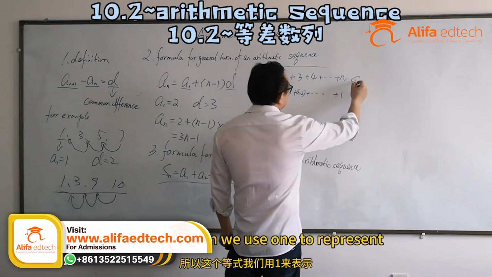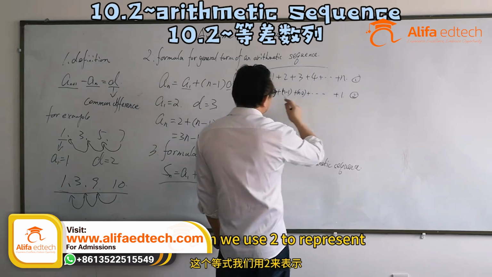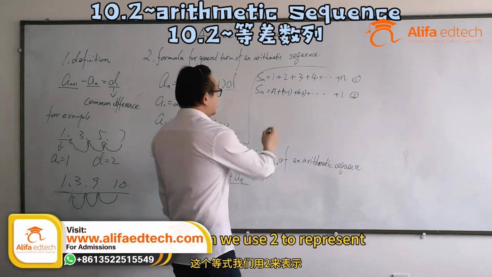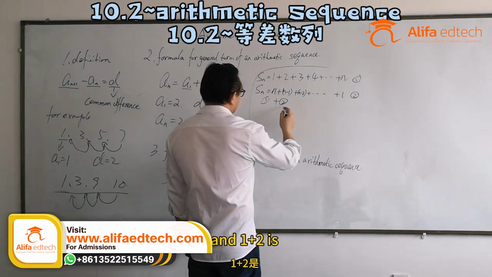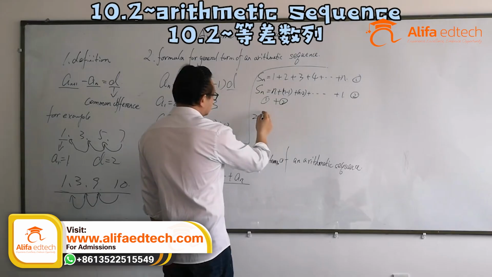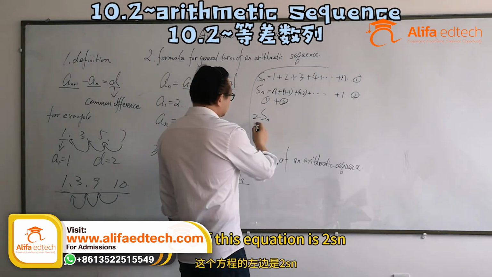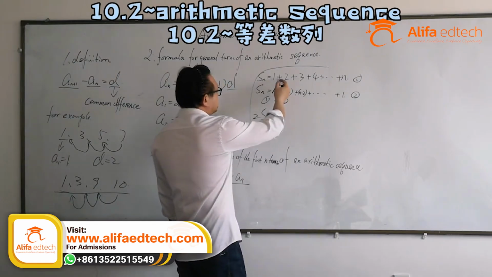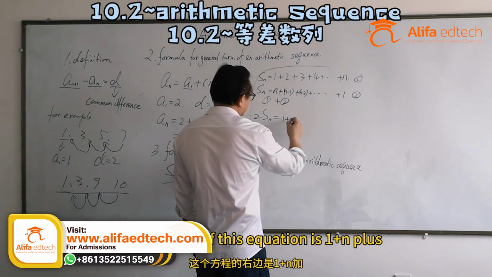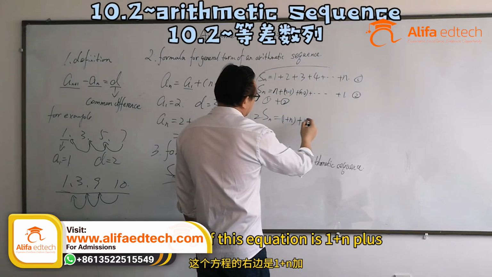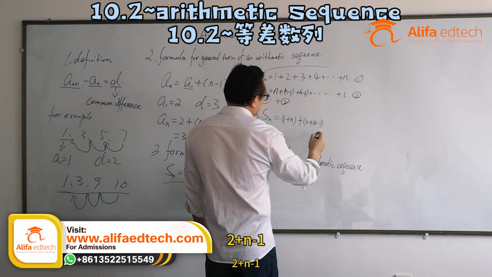So this equation we use 1 to represent. This equation we use 2 to represent, and 1 plus 2, the left of this equation is 2Sn, and the right of this equation is (1 plus n) plus (2 plus n minus 1).